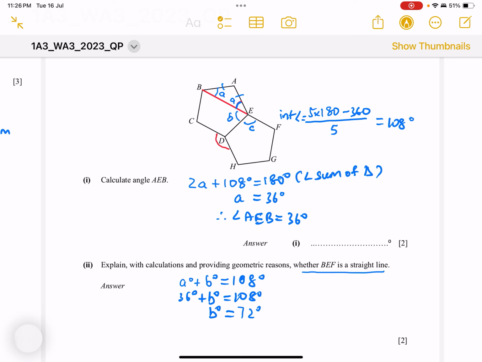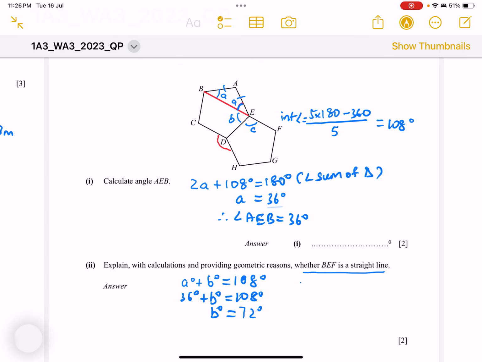And next we have to find C, and C is just the interior angle of the pentagon. As we know from the first part, the interior angle of a pentagon is 108.